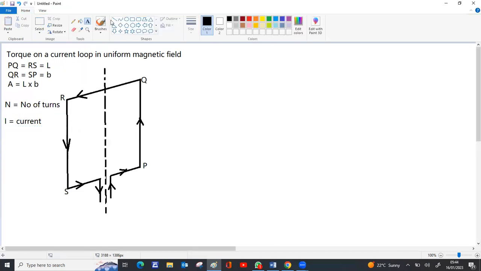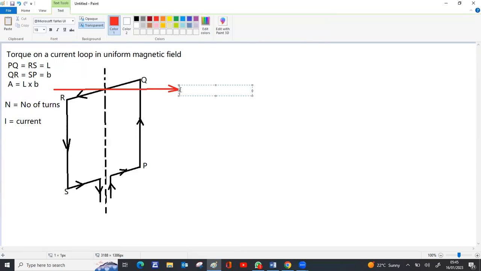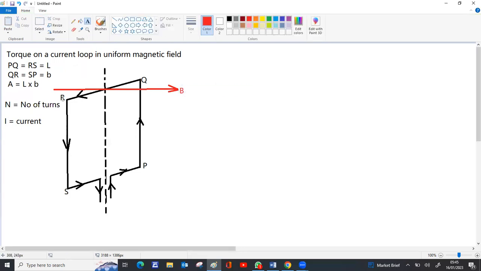We have a uniform magnetic field. Magnetic field is acting from left to right. Uniform magnetic field all around the pole. We just put three lines, one on the top intersecting with QR, one intersecting with SP, and the third one exactly in the midpoint of it.